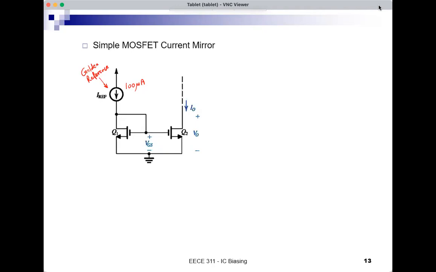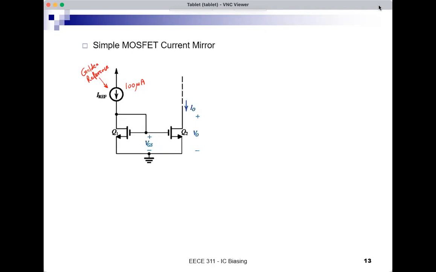I will not go back to my design and change it and design it again and perfect it and build it. No, I would say, okay, I have the 100 micro reference. That's my golden reference. If I want any other current value, I will mirror it.